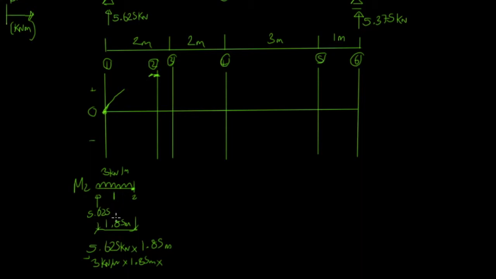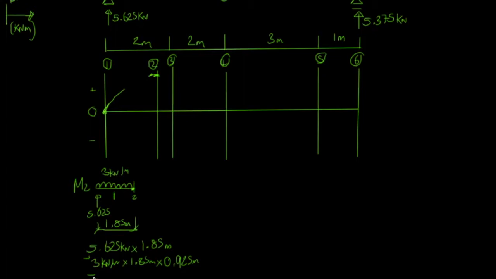So 1.85 divided by 2, 0.925 meters. That equals 5.625 times 1.85, take away 3 times 1.85 times 0.925.